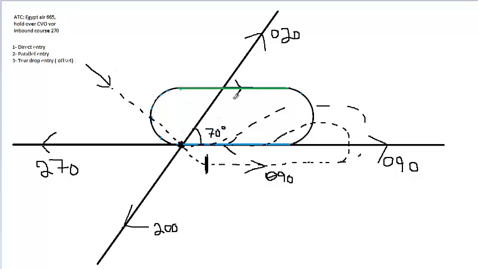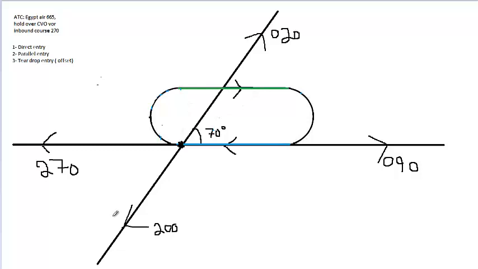Let me pause and clean the picture, and we'll start working on the final entry, the teardrop entry. The teardrop entry has the smallest sector. If the aircraft is coming from this direction, it extends from heading of 270 to heading of 200, only about a 70 degrees sector.